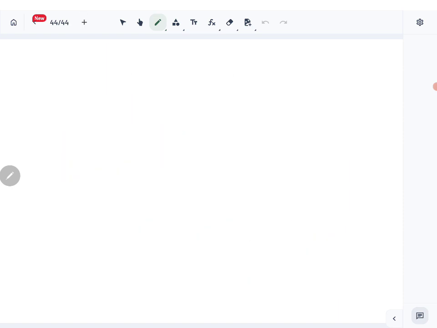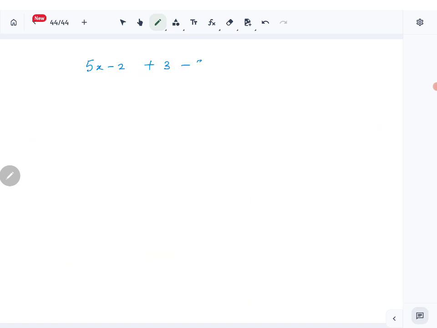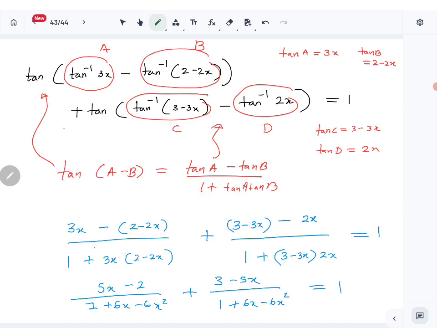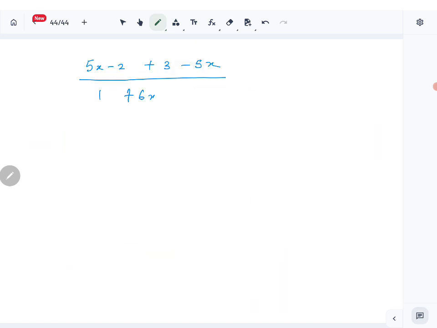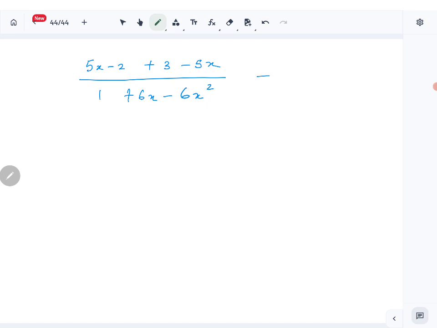We can write this under one fraction. So we get 5x minus 2 plus 3 minus 5x over 1 plus 6x minus 6x squared equal to 1. So then 5x and minus 5x cancel, and you get 1 over 1 plus 6x minus 6x squared equals 1.